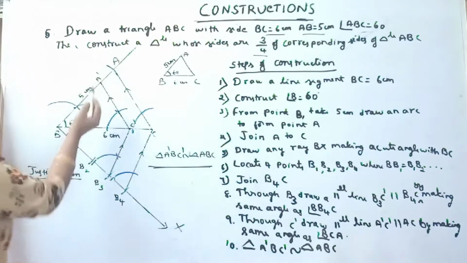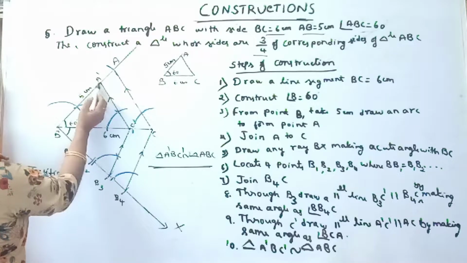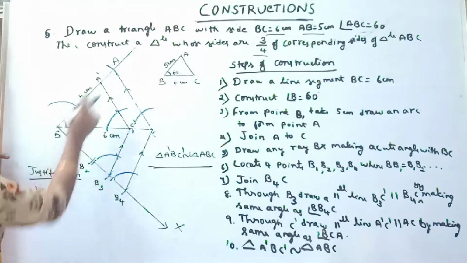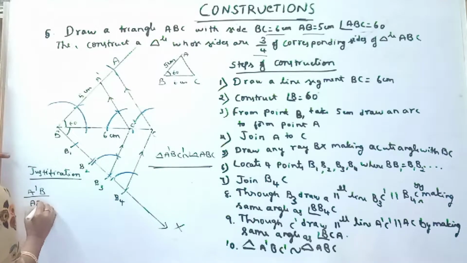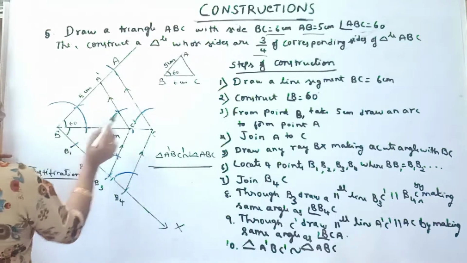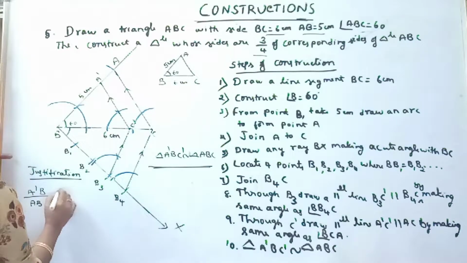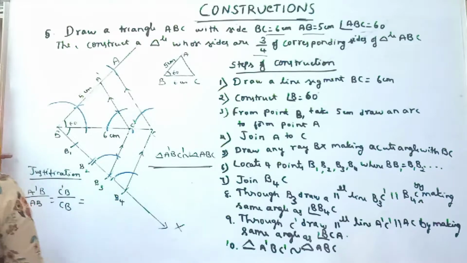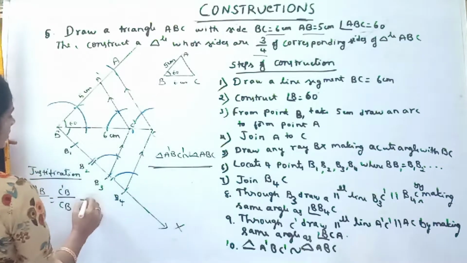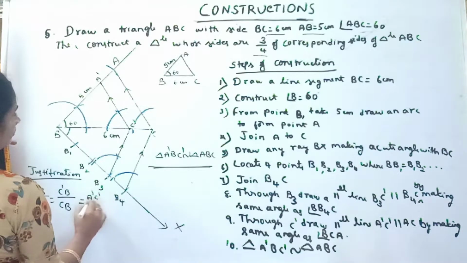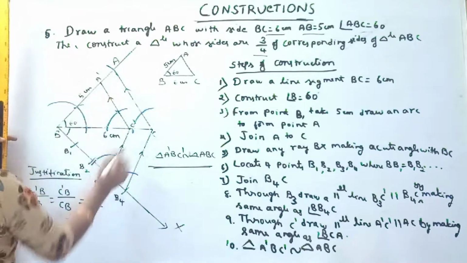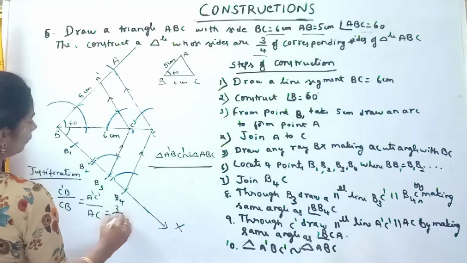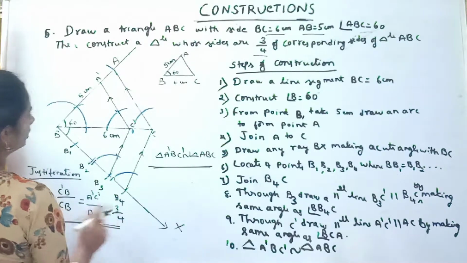Now A dash B by AB equal to C dash B by CB equal to A dash C dash by AC equal to 3 by 4, we have to prove.